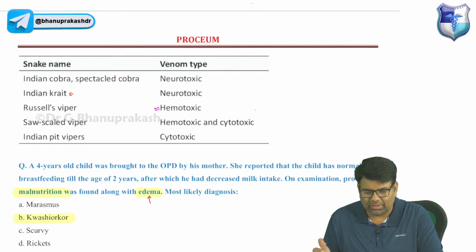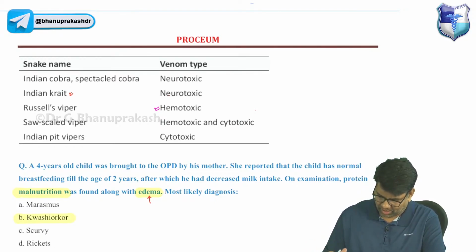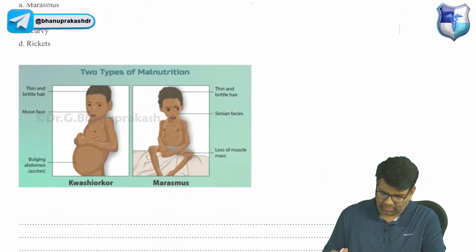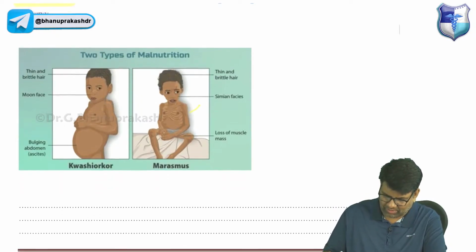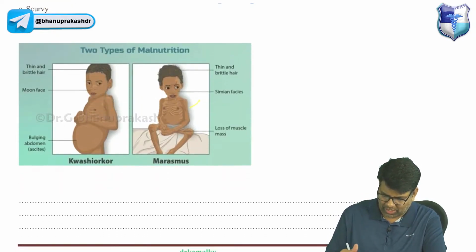So malnutrition with edema, please mark Kwashiorkor. Right. So here you can see this is a classical case of marasmus. You can see the old man facies, loss of muscle mass, whereas a child with Kwashiorkor, you can see edematous with bulging abdomen.